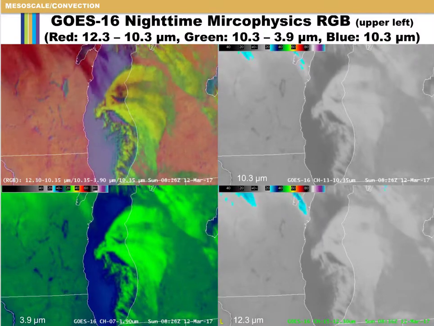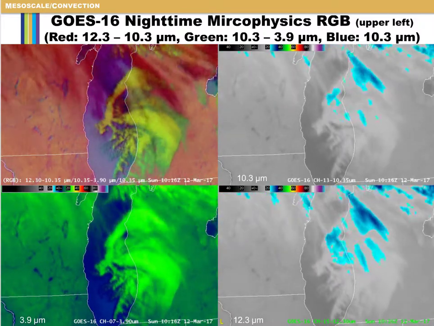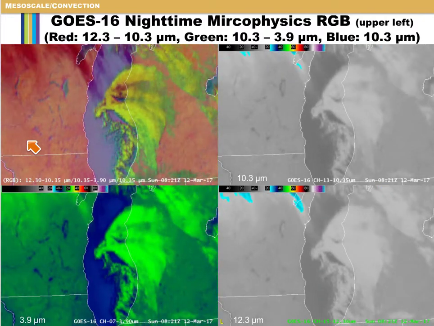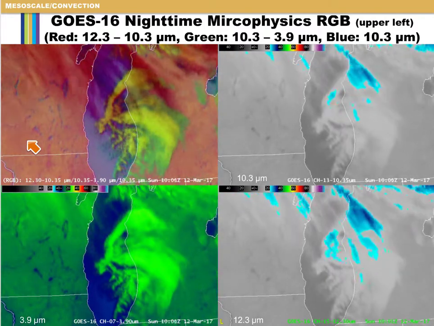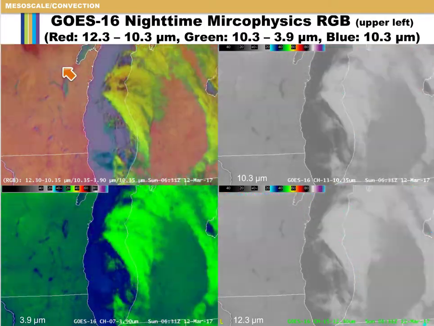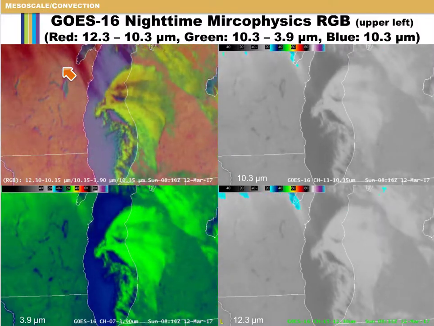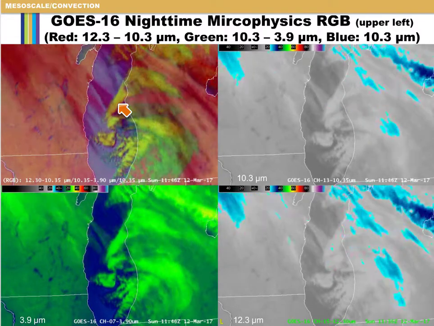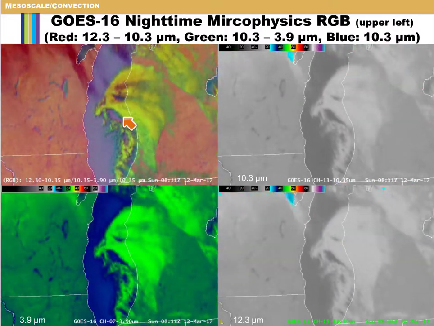In that situation, making use of an RGB product, such as the nighttime microphysics product, can help discriminate between the high clouds, which in this product show up as red, versus the low clouds associated with the mesolow, which in this product show up as these yellowish green colors.